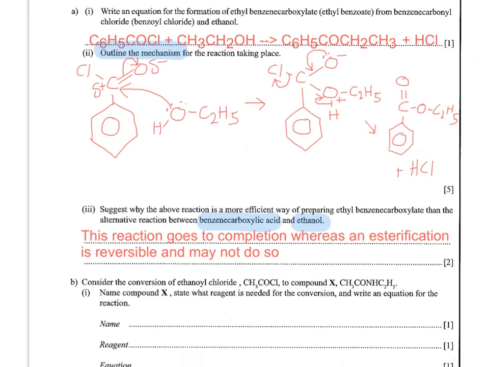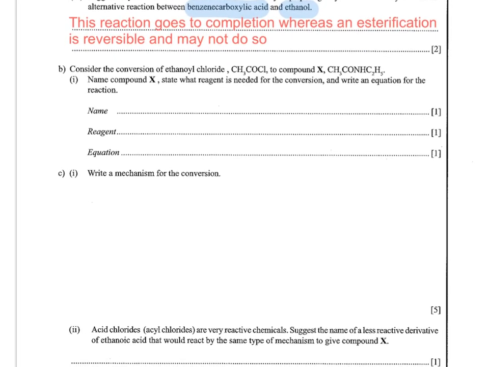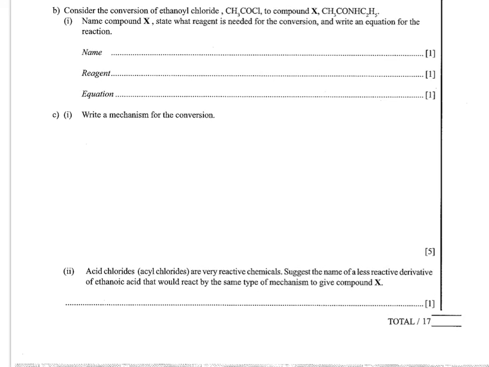So let's now have a look at the next part of the question. It says, consider the conversion of ethanoyl chloride to compound X. Now compound X, if we look closely, has a CONH group in it. That automatically says to me amide. And what's more, could it possibly be an N-substituted amide because of the C2H5?